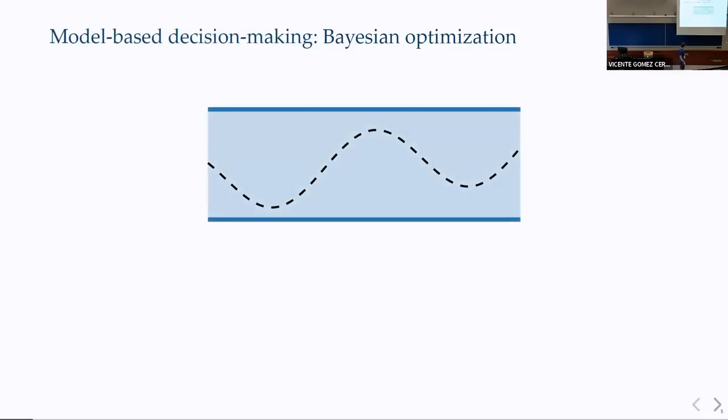The model, which I'm denoting here, right now has no data. So the model basically says that the function can be the same thing sort of anywhere in space. We're going to see how the model changes in a moment.